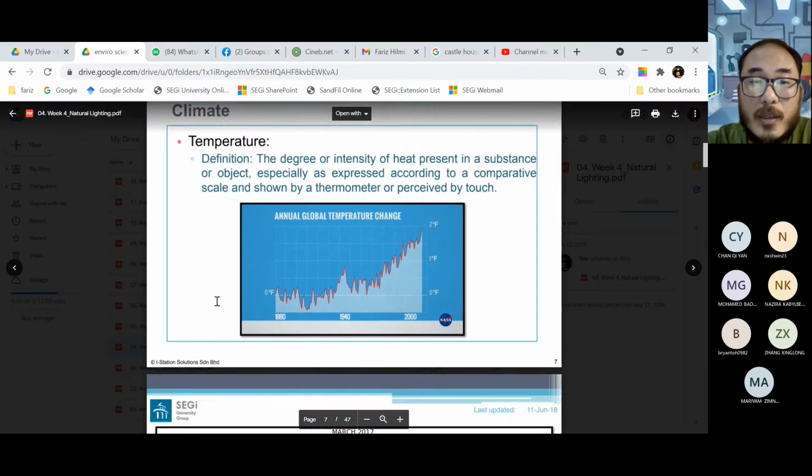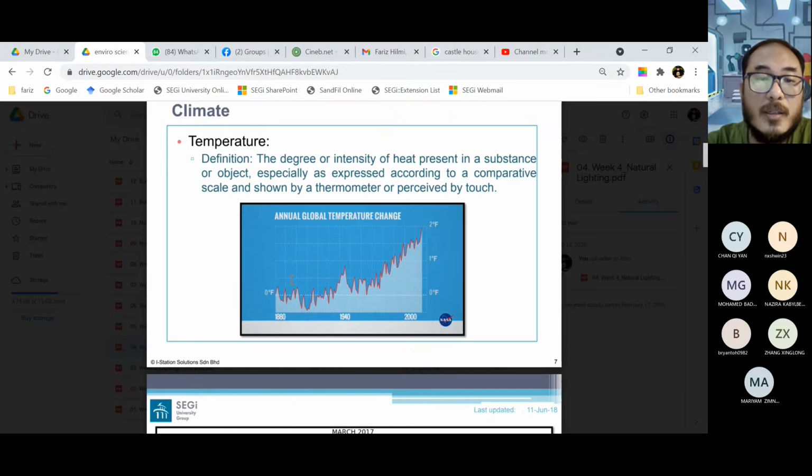Okay, so this is the annual global temperature change over many years. We can see here in the 1800s the difference in terms of temperature, and then it keeps rising. In the 1940s, it increased quite a lot, and then it reduced back, and then I don't know when this is, they start climbing again, and the climb of the global temperature change didn't stop here.